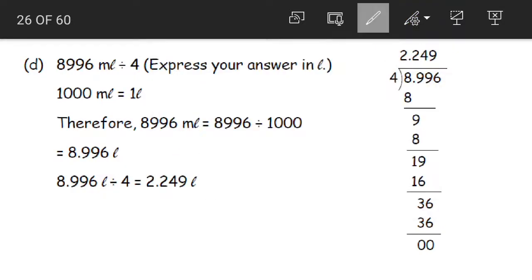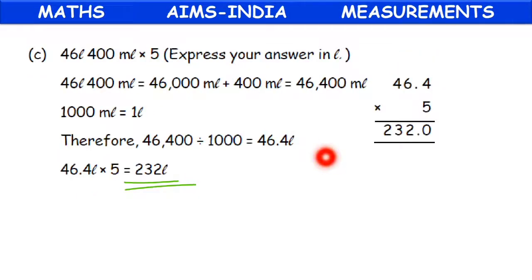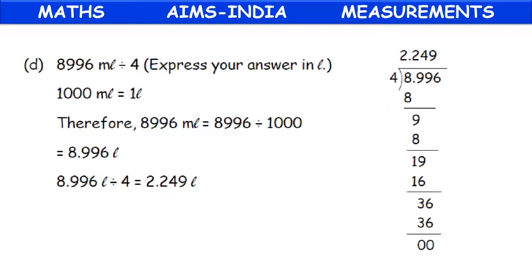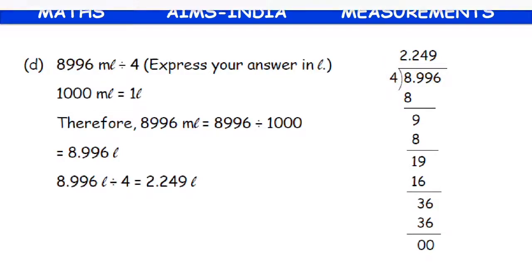Just like in multiplication, we multiplied the numbers normally and just placed our decimal point in the product. In the same way, for division of a decimal number by a whole number, we do the division normally as we do with whole numbers, and just place the decimal point in the quotient. That is our answer of the division.